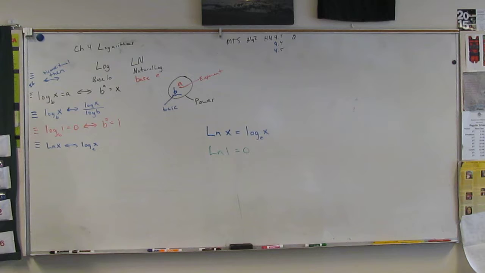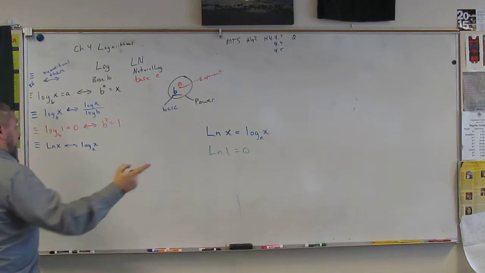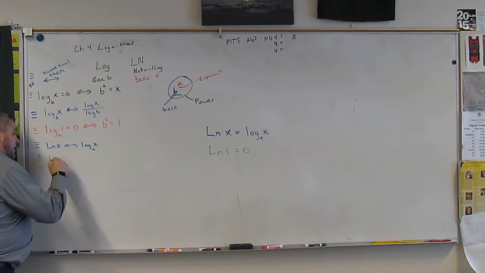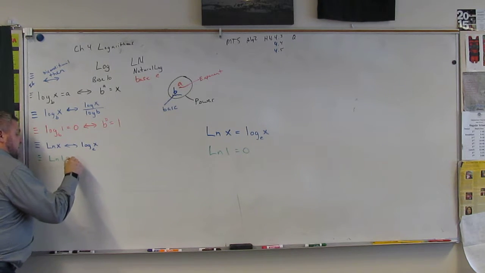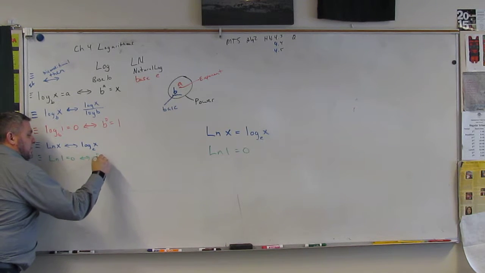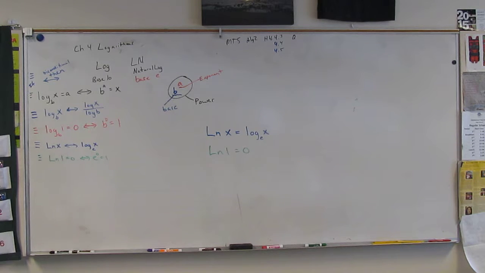Good. Nice. Easy, right? ln of 1 is equal to 0. If ln of 1 is equal to 0, then what does that mean? That means e to the 0 power is equal to 1. That's all. Does that make sense? Okay? All right.